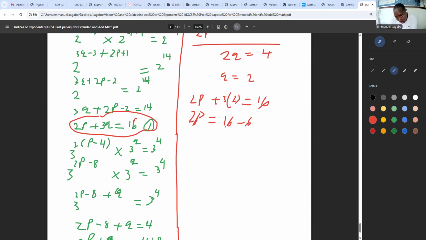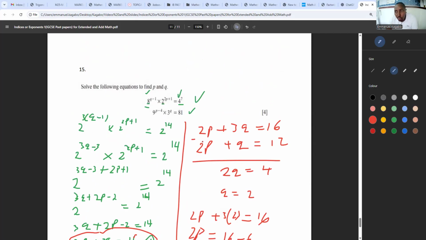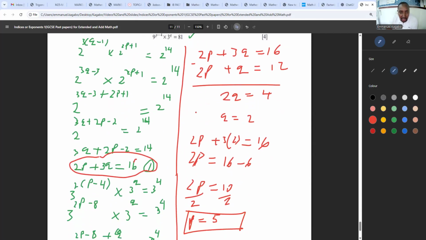So it's minus because it has crossed the equal sign. So 2p equals to 10. What do I get now? Divide by 2, divide by 2. So p will be equal to 5. That is it, guys. You can even go here and substitute and prove your answer and see if you got that, right?